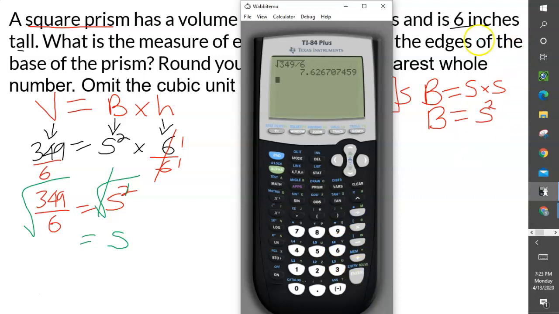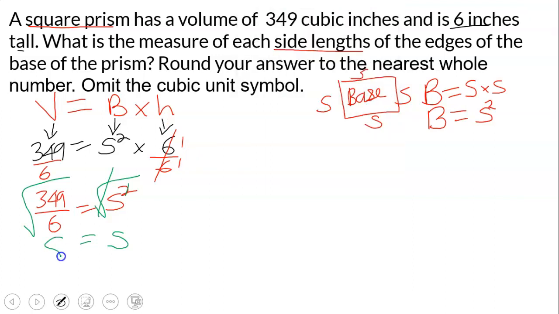We're asked to round to the nearest whole number, so it's going to be approximately 8. So s is approximately 8. We're asked to omit units, so our answer is just going to be 8.